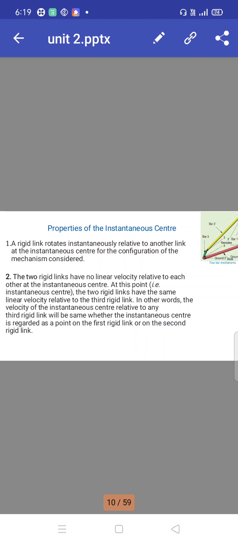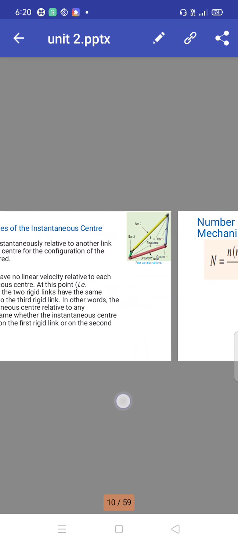At this point, the two rigid links have the same linear velocity relative to a third rigid link. In other words, the velocity of the instantaneous center relative to any third rigid link will be the same whether the instantaneous center is regarded as a point on the first rigid link or on the second rigid link. This is the diagram shown.